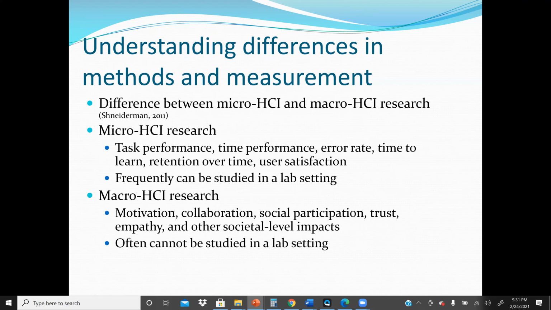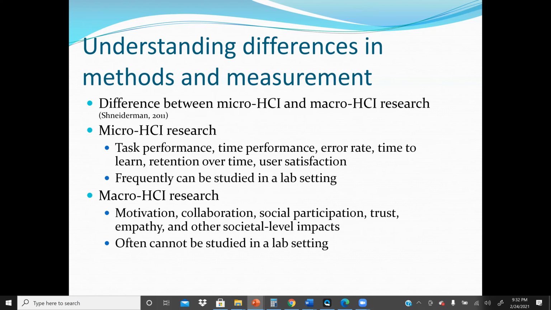Now, the difference between micro HCI and macro HCI research is that micro will be something that's very small. So micro HCI research will be task performance, time performance, error rate, time to learn, retention over time, user satisfaction, and frequently can be studied in a lab setting.